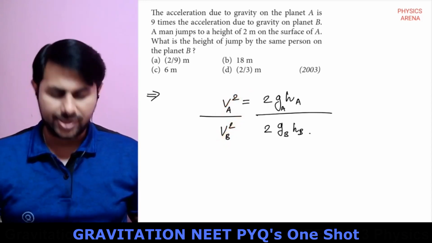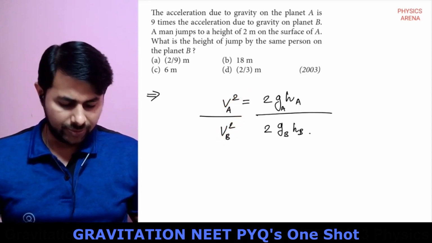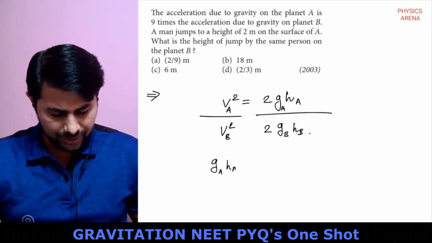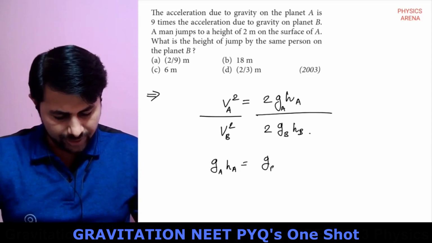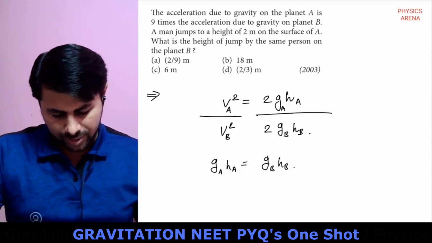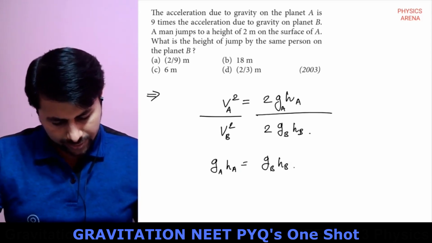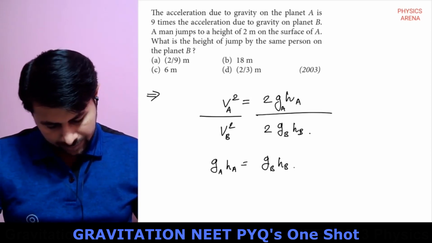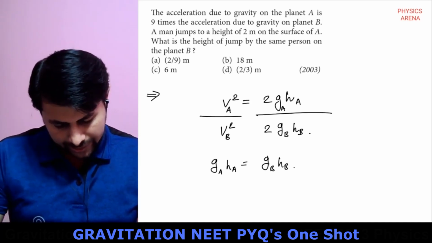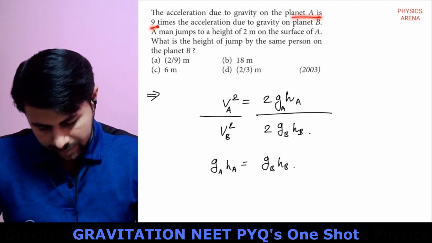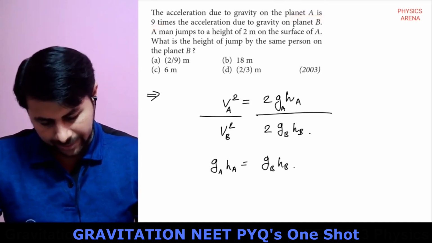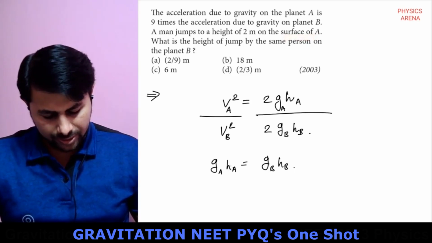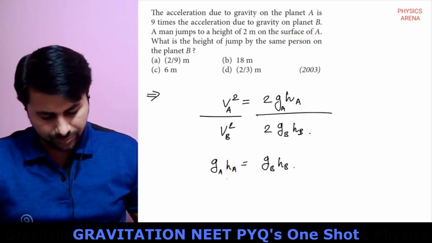We can write 2 times gA hA is equal to 2 times gB hB, or gA hA is equal to gB hB. So what will be the answer? On planet A, gA is 9 times gB. The man jumps to a height of 2 meters on the surface of A, so hA is 2.